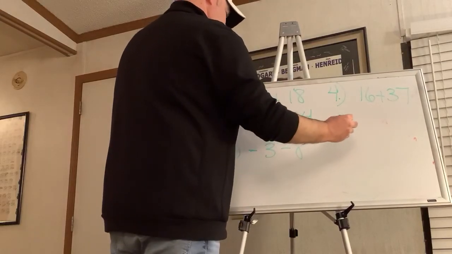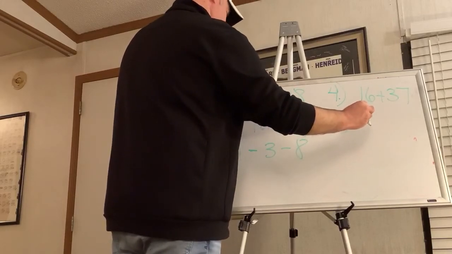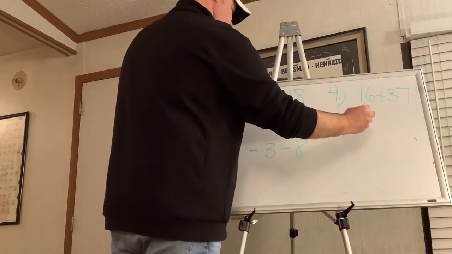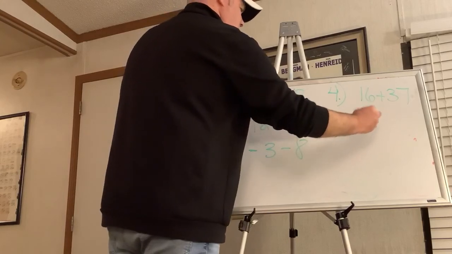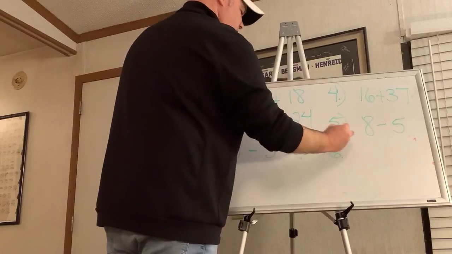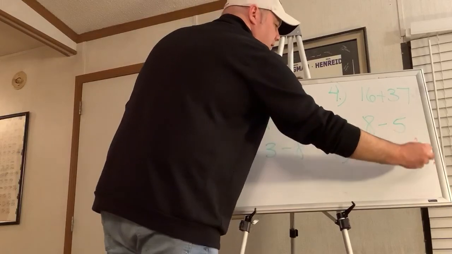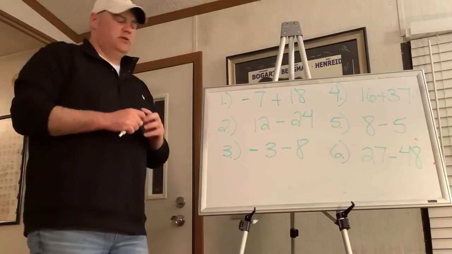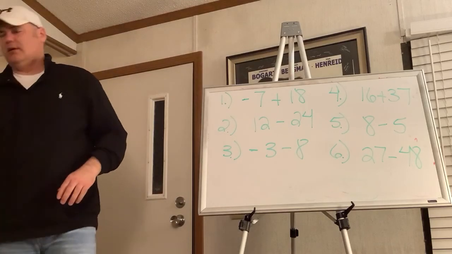And then let's do 8 minus 5. And let's do 27 minus 48. Okay? So we have you do those, try those. And like I said, we'll keep practicing and go from there.